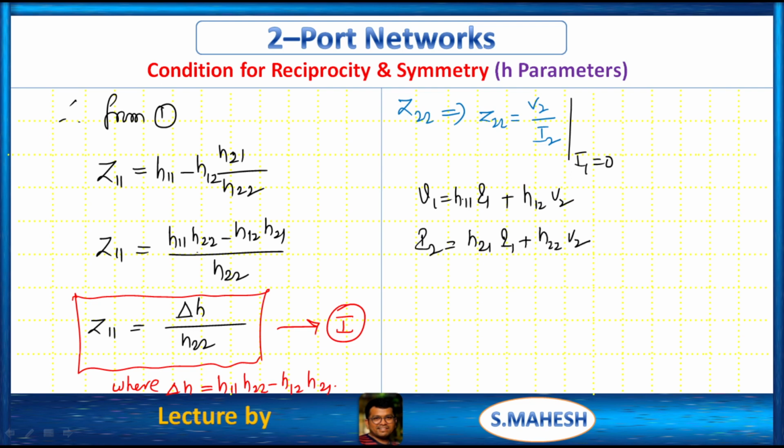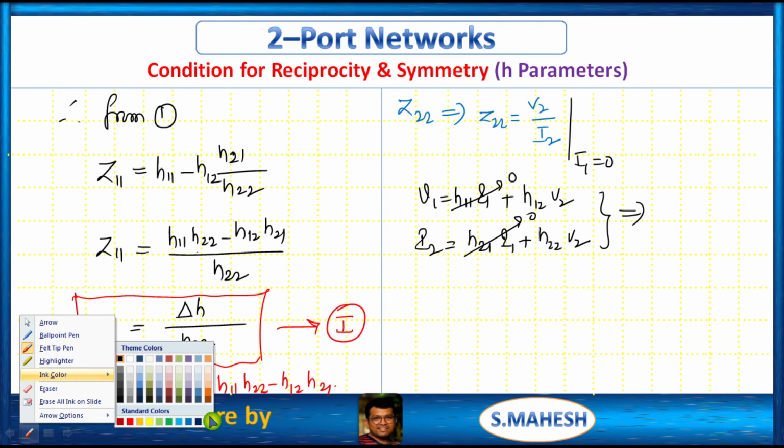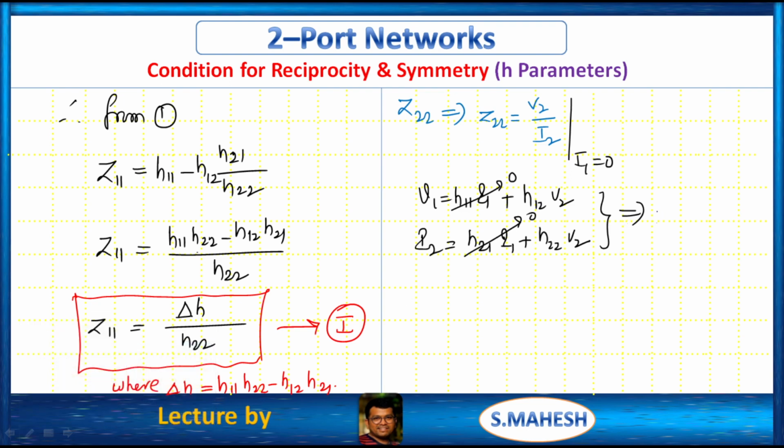When I1 = 0, this part is 0, so I2 = H22 V2.